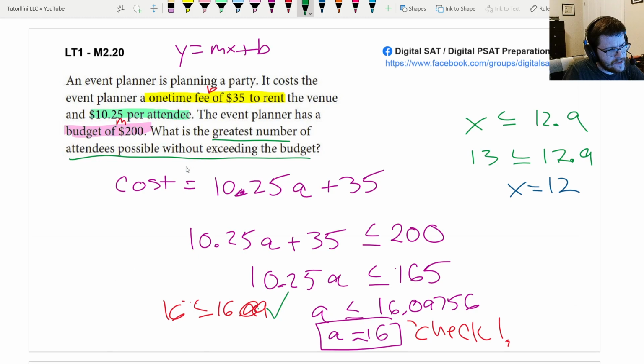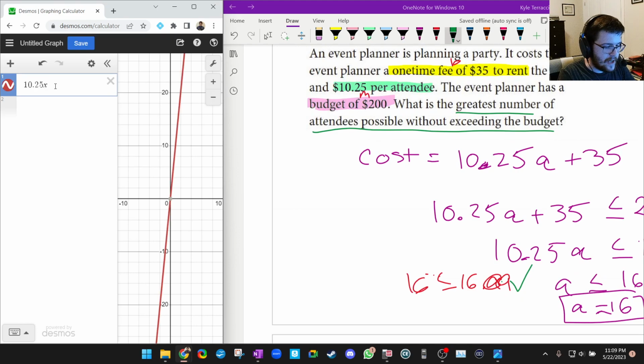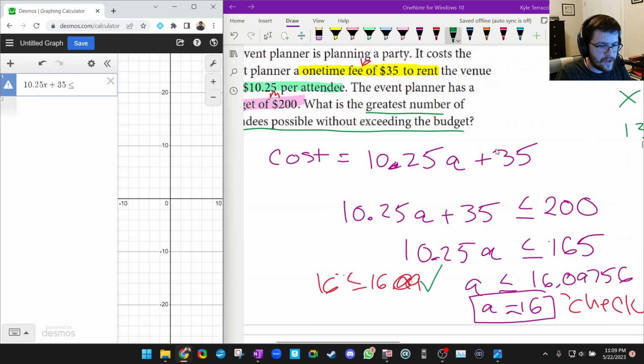I'm trying to see what else we could do here. Could we do this using Desmos? I mean, you can. I don't really see how it would help. You can put this inequality in, and we can look at a nice picture.